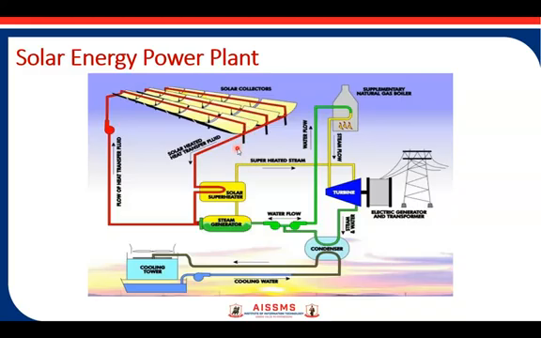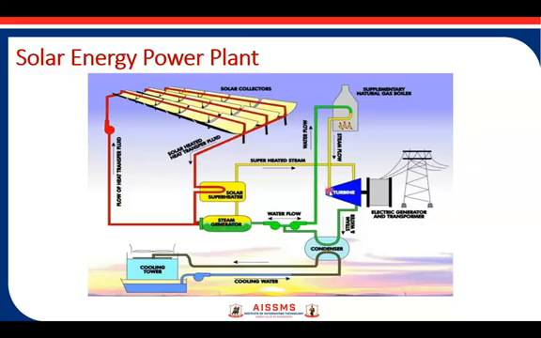power plant. Here the parts of the solar energy power plant are the collectors, then tubes for circulating the fluid. Here we have the pump for circulation, then we have the solar superheater, then the steam generator.